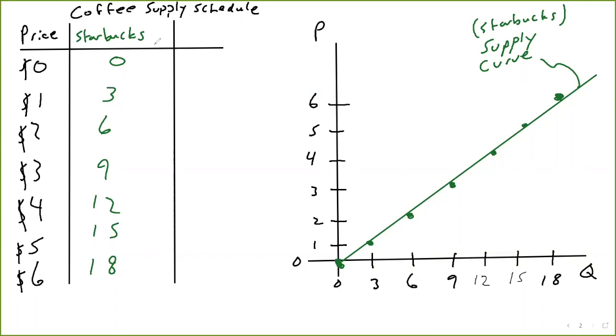And of course, the market contains more than one supplier typically. So we can add another supplier and fill in their supply schedule. And we can plot their supply curve as well.